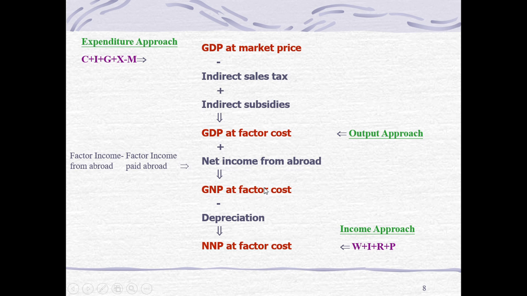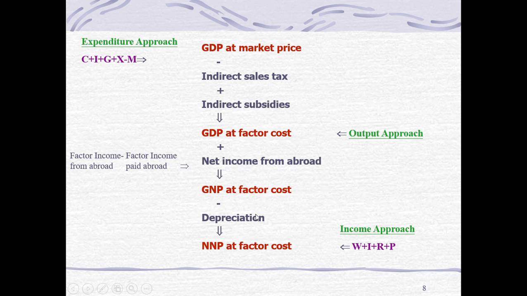at factor cost. Again, I mention that to change something domestic to national, we subtract income paid abroad and then we add income received from abroad by our citizens. And always, to get gross of something changed to net, we subtract depreciation.